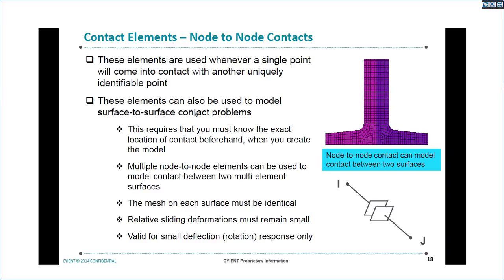Node to node. So now, let us talk about node to node. These elements are used whenever a single point will come into contact with a uniquely identifiable point. Okay. So let us take the same example.